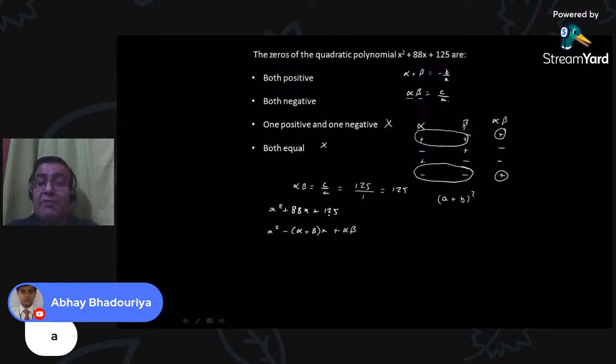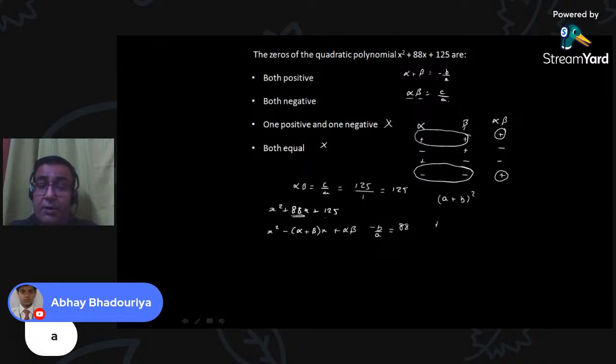Now, alpha beta we know is positive, so that is 125. The sum of the roots, actually the negative of b upon a, is equal to 88. B in this case we know is positive 88.